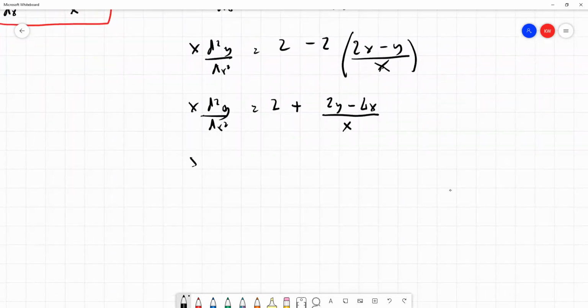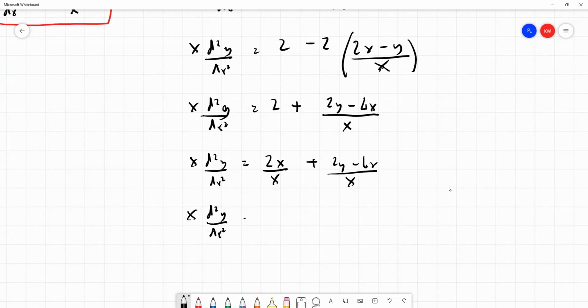So we'll still have x d squared y by dx squared on the left here, but let's multiply the number 2 by x over x. It becomes 2x over x, that's still 2, plus (2y minus 4x) over x. And you can hopefully see straight away that we can just combine those two fractions because they have the same denominator: 2y minus 4x plus 2x, all over x.